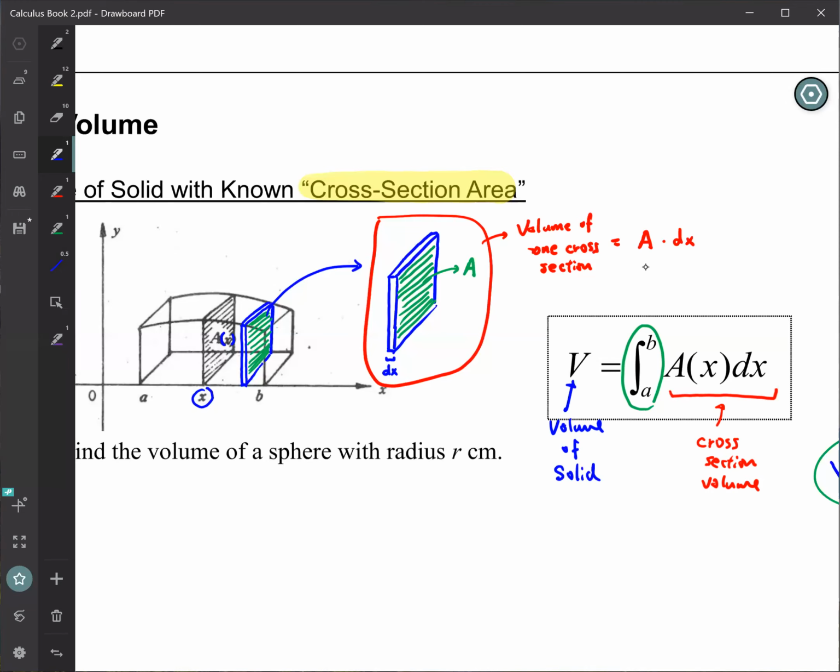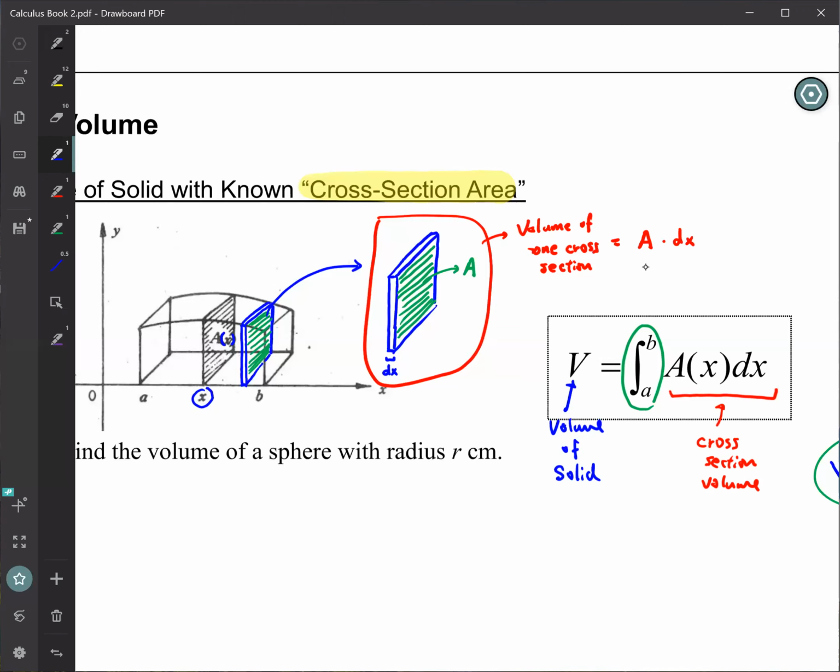So integral means adding up. Last class, we were adding up all the rectangle areas to make the area under the curve. This time we're adding up the volume of little slices, and then that will create the whole volume.